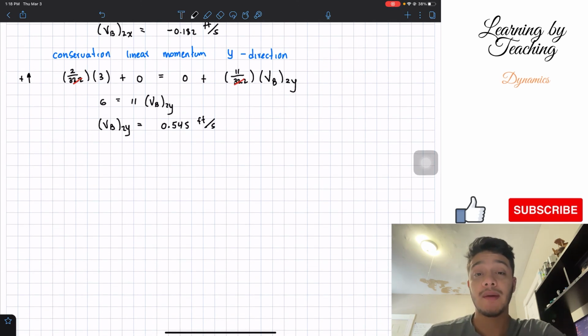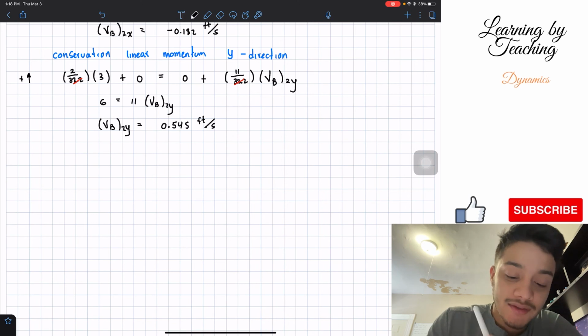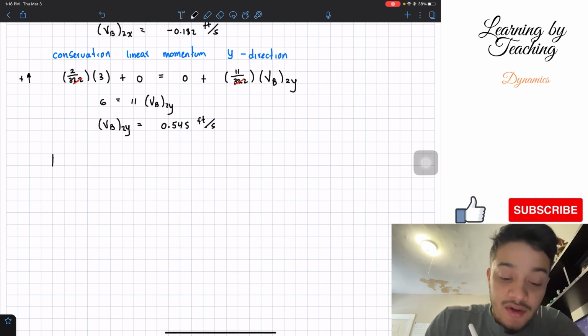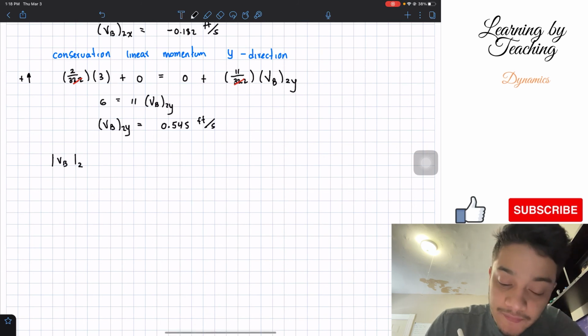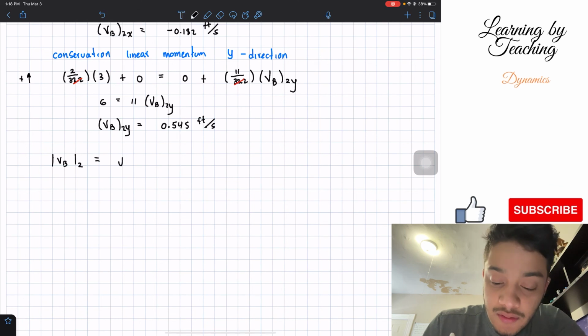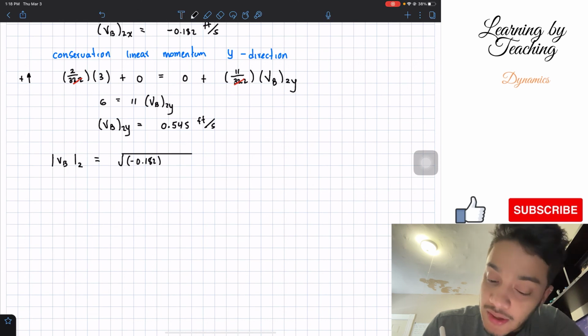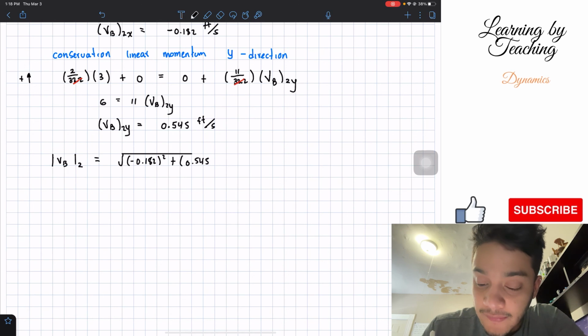The last thing that we have to do in order to solve this problem is basically we're going to apply the Pythagorean theorem in order to find the magnitude of this velocity. So the magnitude of this velocity after the collision, so I'm going to give it a 2, has to be equal to the square root of, well, its x component, negative 0.182 squared, plus its y component, 0.545 squared.